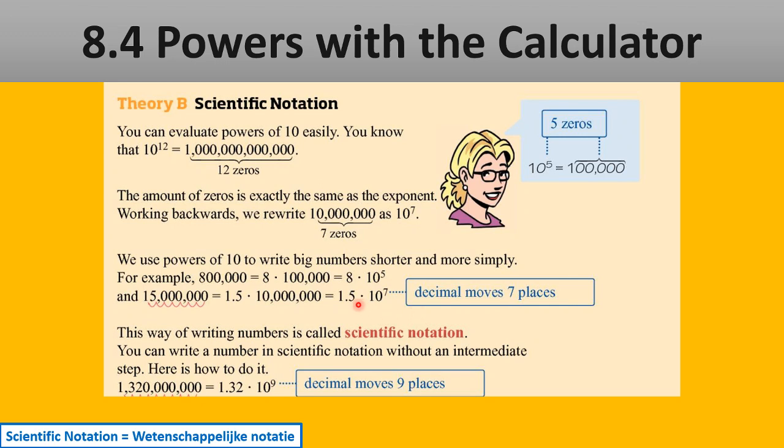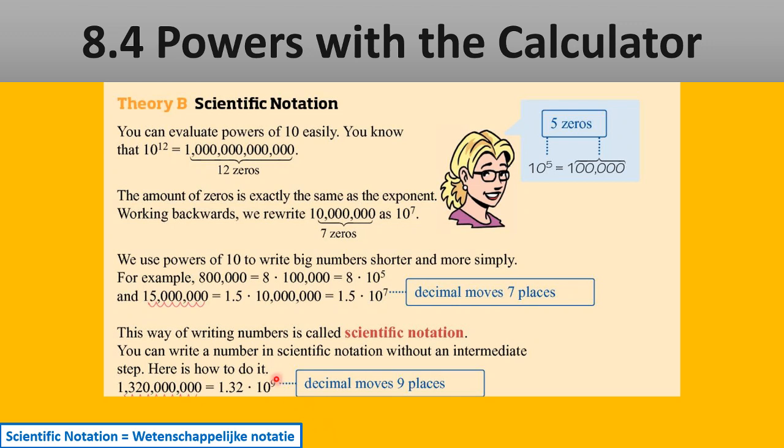You move the decimal point 7 spaces to the right, and that means that I first get 15, and then I still have to move it 6 more times. Then I just add 6 zeros. This way of writing numbers is called the scientific notation, de wetenschappelijke notatie, die wellicht niet onverrassend veel wordt gebruikt in de wetenschap.